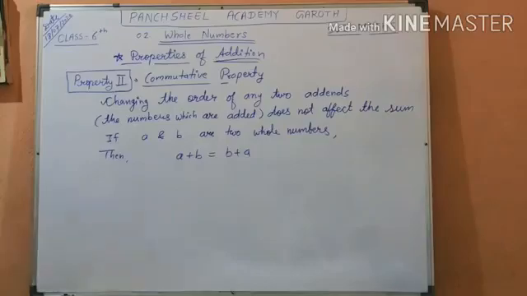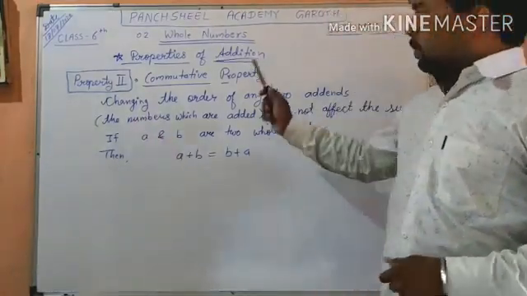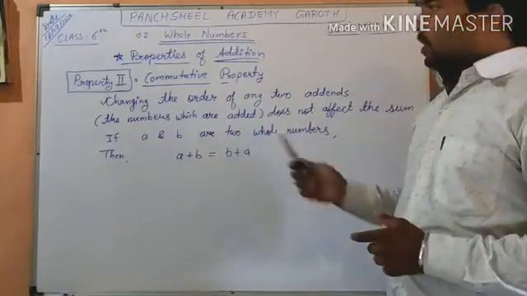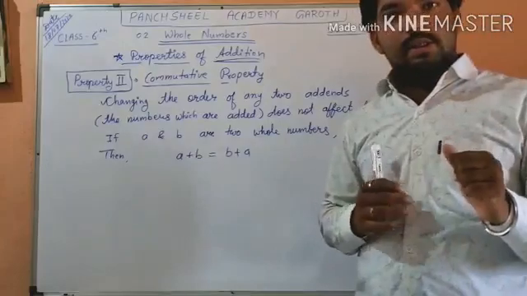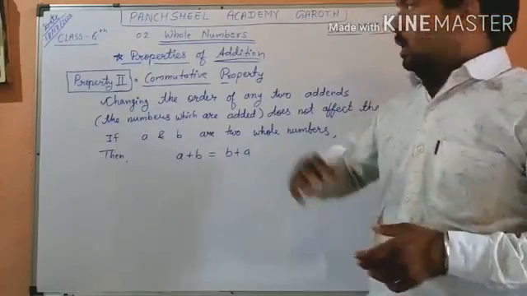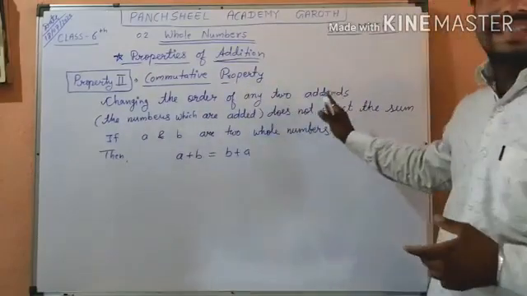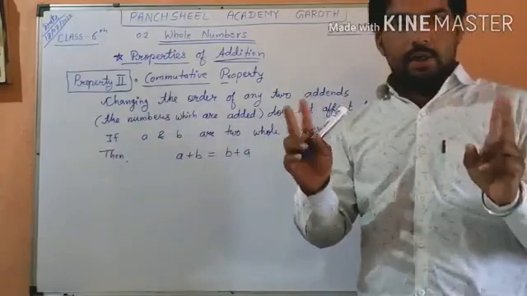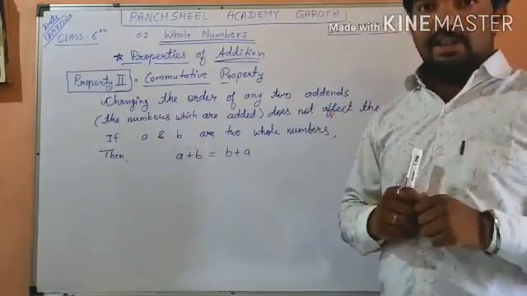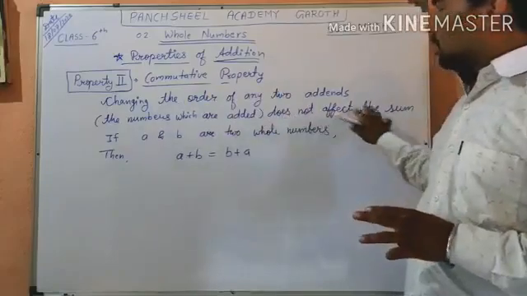Now, in the properties of addition, the second property is the commutative property. First was the closure property, in which the sum of two whole numbers is always a whole number. Now in the commutative property, changing the order of any two addends does not affect the sum.